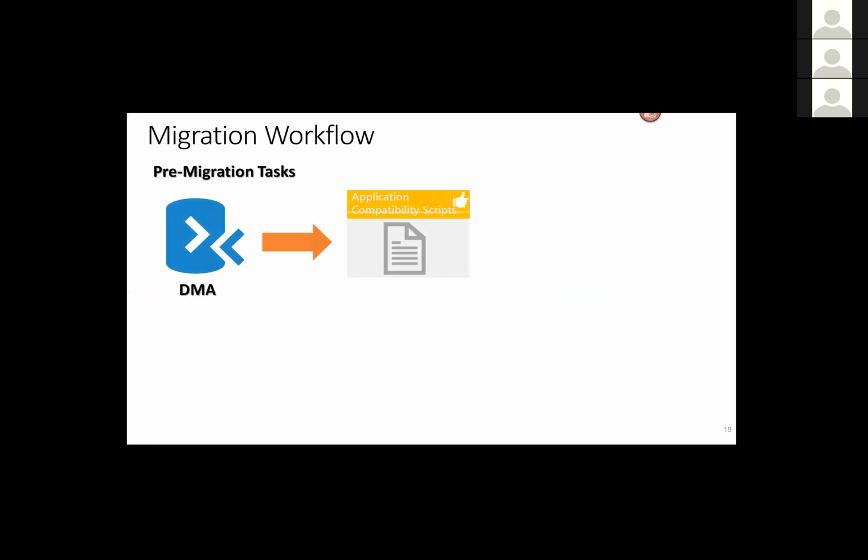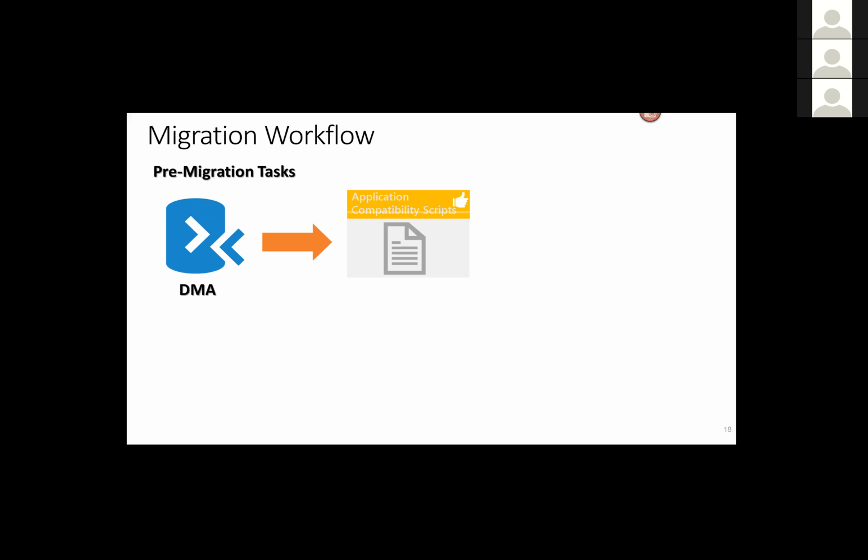So when that completes, once you apply those scripts, you will make your source database compatible with Azure SQL Database, or Azure SQL DB, and now you're ready for migration. For the customer we worked with, this is how we carried out the migration.